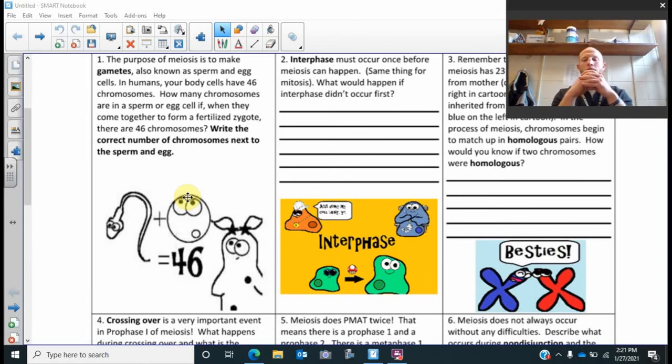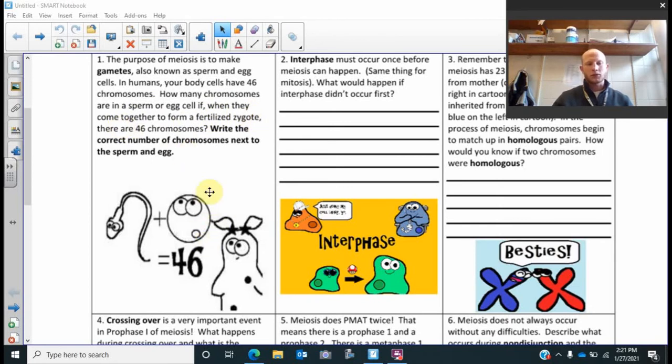From here on out, the zygote then starts to multiply into more cells until it finally develops into, for us, a human being, obviously, but if we're thinking about biology, we're thinking about all of the organisms, deer, cattle, all of this other stuff. So if it asks this question, how many chromosomes are in a sperm or an egg cell when they come together to make a fertilized zygote?